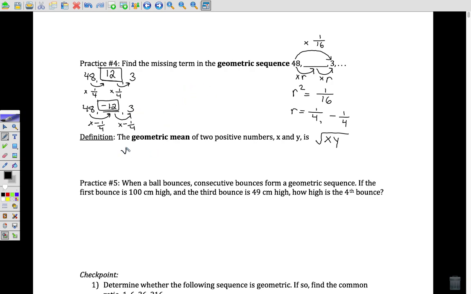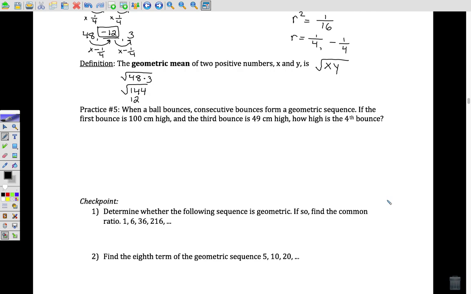That's the square root of 144, which gives me 12, and it could also be negative 12. So remember, the geometric mean gives you the positive, but it could be positive or negative.